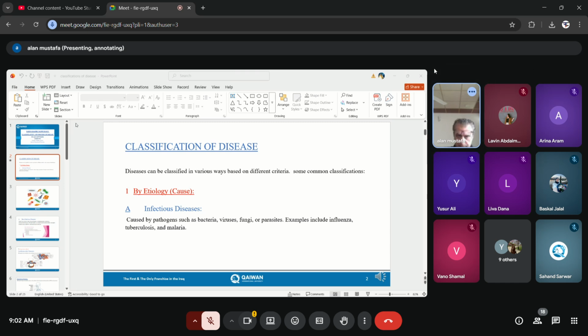Go through the lecture. Now, we have studied some common medical pathological terms that, as a professional, you all have to know or have some information about the meaning of these words.